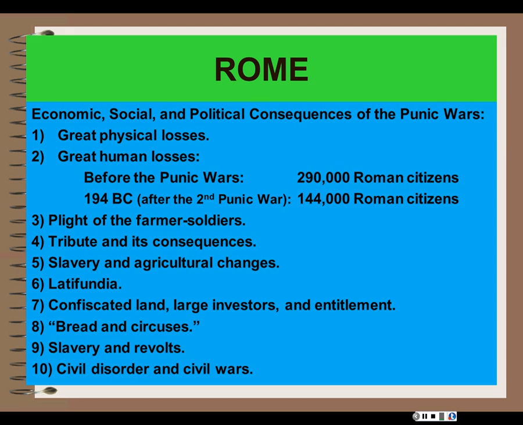Number 8. The wars emptied the countryside of its free citizens, formerly the backbone of the state, and farmers flocked to Rome. These dispossessed, dissatisfied, disgruntled farmers flocked to Rome, where they lived in shacks or in badly built tenement houses.